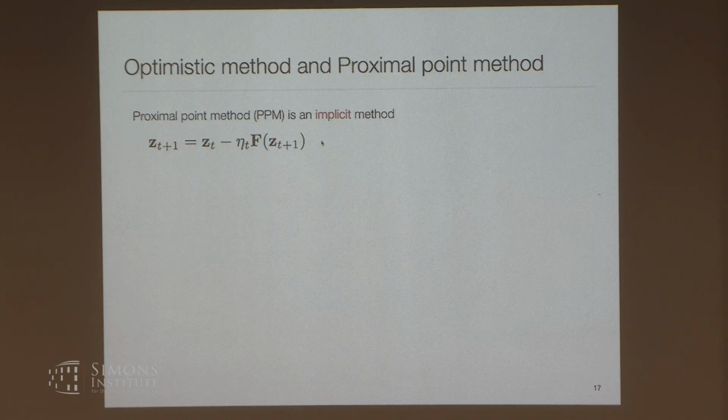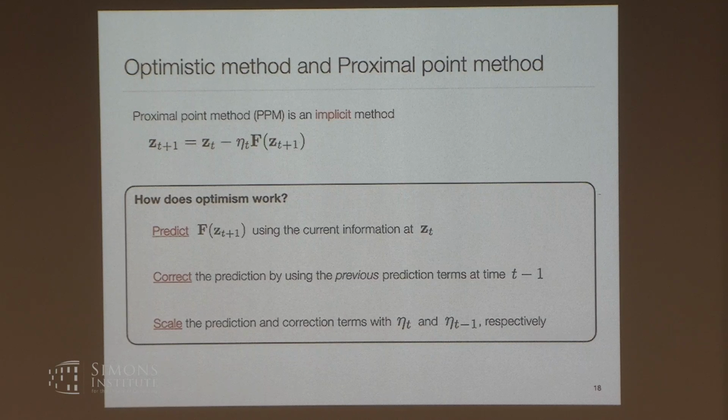The idea is very simple. We want to predict what the next point is going to be using the information that is available to us at the current point. And we know that this prediction is going to have some problems. It's not going to be 100% correct. So we want to correct this prediction by looking at how well we did in the previous step with our prediction.